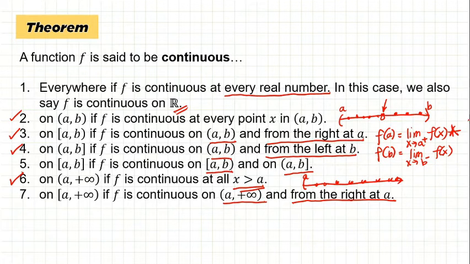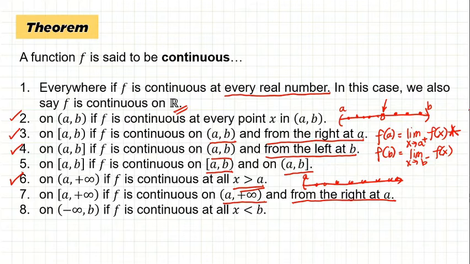Okay? So, yon. The number 8, on negative infinity to B, if f is continuous at all x less than b. So if this is b here, so going to the left, dapat continuous sa lahat ng points there. Okay?